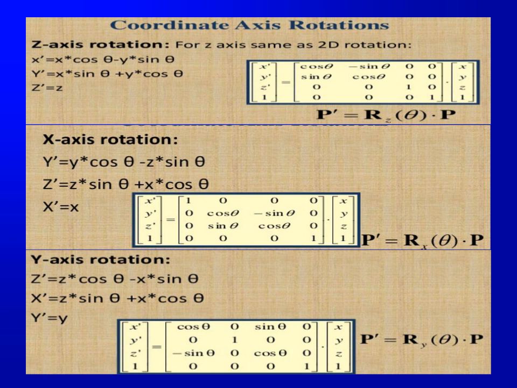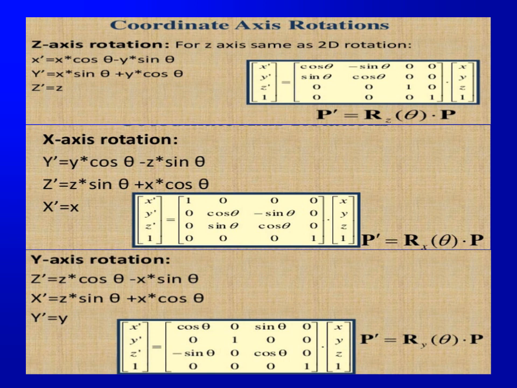Okay, and the formula is P dash is equal to Ry theta into P. So for this rotation we have to remember all these matrices and the formulas.